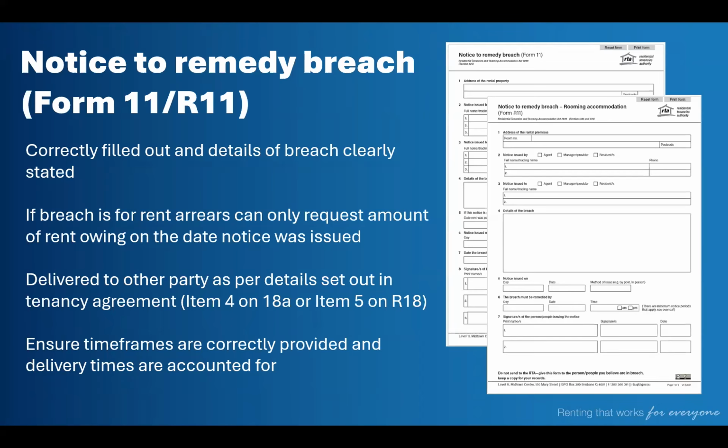As always, the RTA recommends downloading all forms from our website to ensure you are using the most up-to-date version of the form. Should the breach notice be disputed or the matter end up at QCAT, the dates and the information on the form will be checked to ensure correct timeframes have been used, including that delivery timeframes have been taken into account.